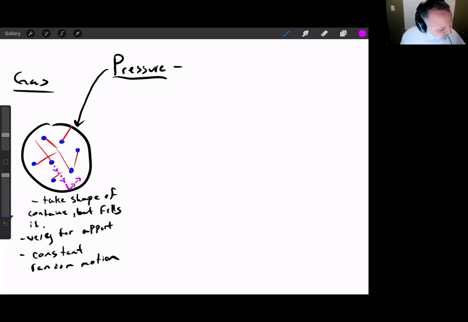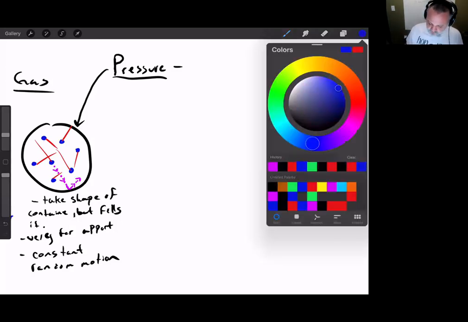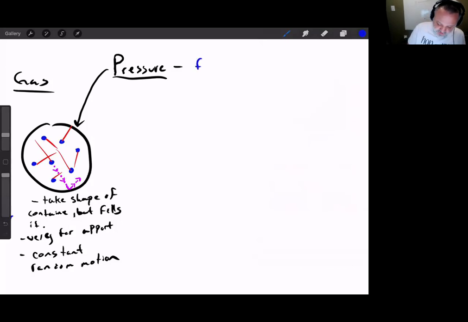The pressure of a gas results from particles hitting the walls of the container. Specifically, it's the force per area of the surface of the container. This is a simple definition.